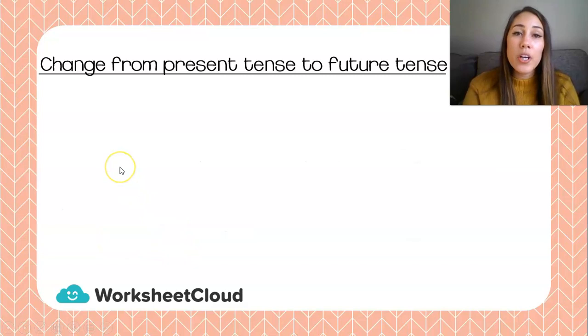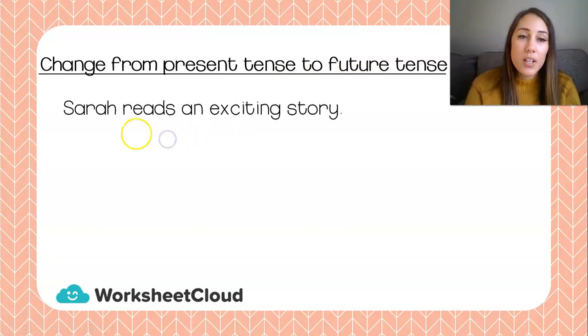Okay, so now we're going to change our sentence from the present tense. Present tense means it is happening today or it happens now. We're going to change that sentence to the future tense. So now we're not going to see what kind of tense it is in. We're going to change it. So Sarah reads an exciting story.